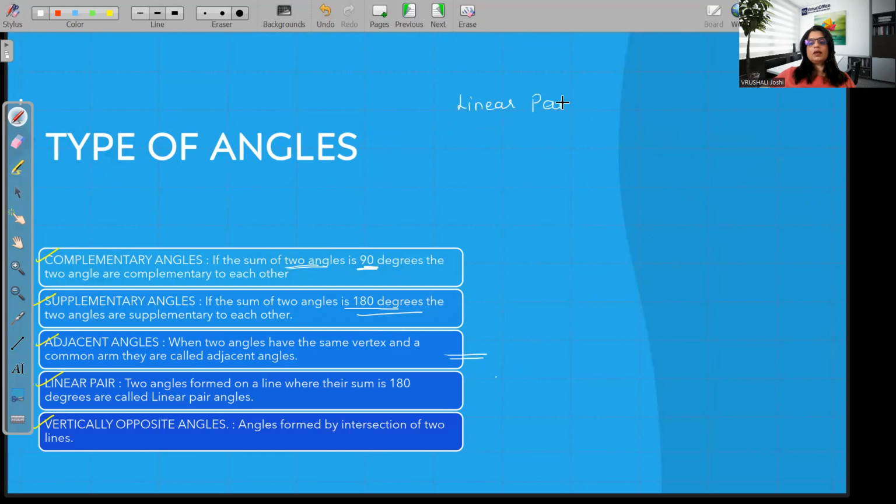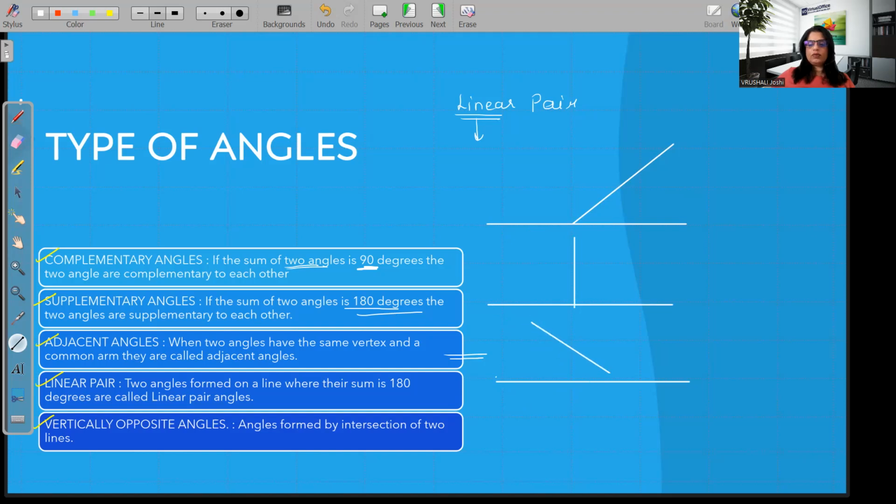The word linear comes from line: angles formed on one line. So when we have this line and we form this angle like this, or this angle like this, or this angle like this, all these are linear pairs. Why? Because these are two angles formed on the same line.